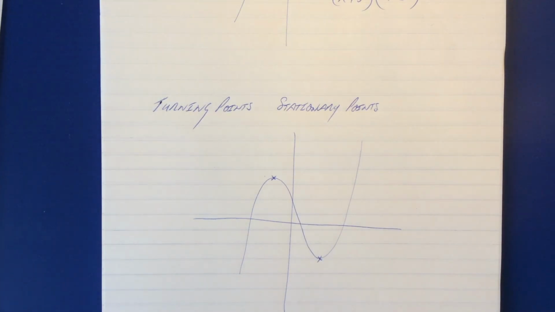And until you learn calculus, the only other way that you would find the coordinates of these points is by guess or good luck, which may indeed be the same thing.